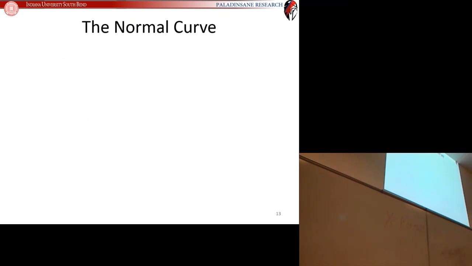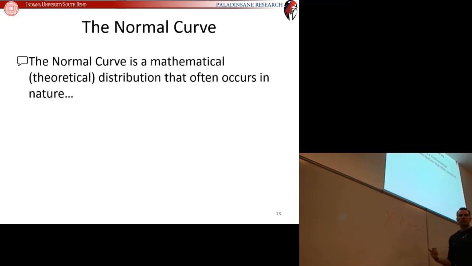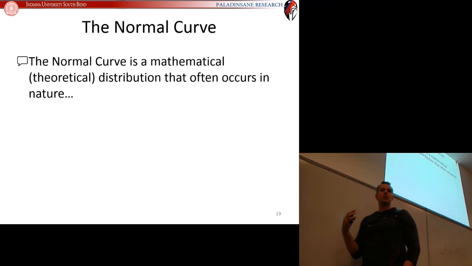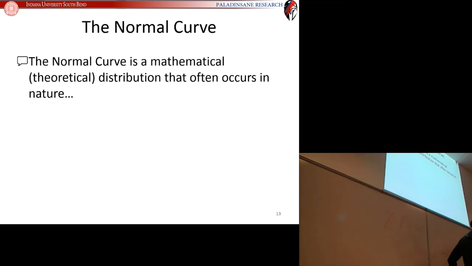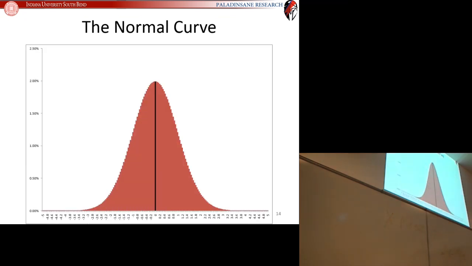All right, so the normal curve. The normal curve is a mathematical, theoretical distribution, but the most important thing, the reason we're studying it, is because it occurs in nature over and over again. So this is the normal curve right here. It's also known as the bell curve, and many populations fall on the normal curve.